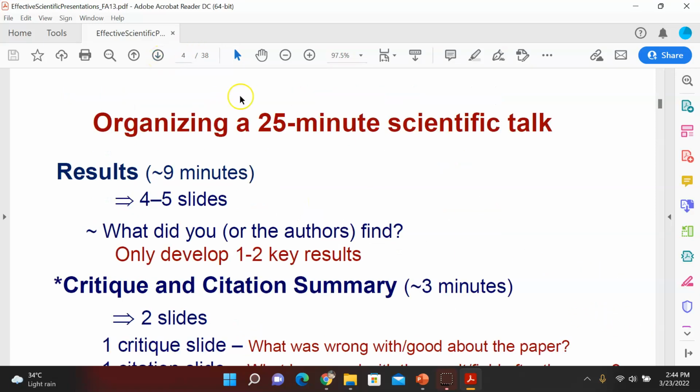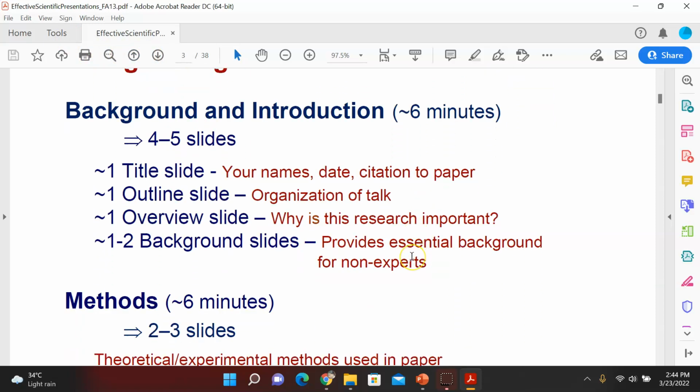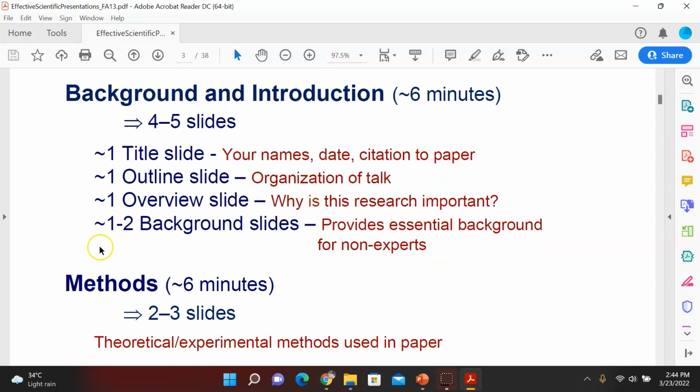Go to the next one, and then the results are the main point, especially for the final seminar. Maybe I'll go back to the earlier one. For the case of a proposal seminar, you may spend a bit more time over here, as I mentioned, since its nature is different.